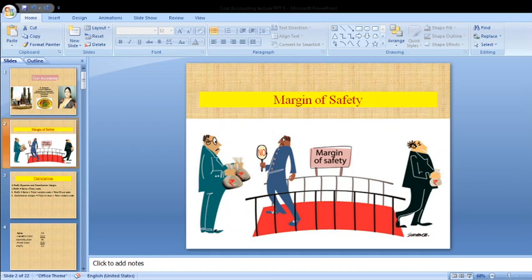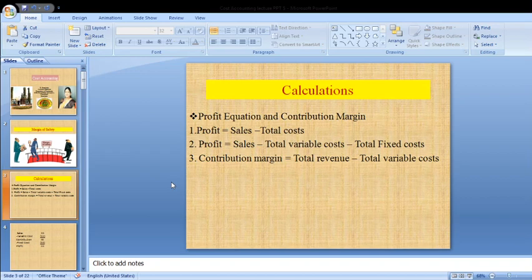Now the calculation is done like this. The basic formula was profit is equal to sales minus total cost. But we divide the total cost into variable and fixed. And the contribution margin is a comparison between revenue and variable cost. To calculate the profit, sales minus variable cost gives you contribution.